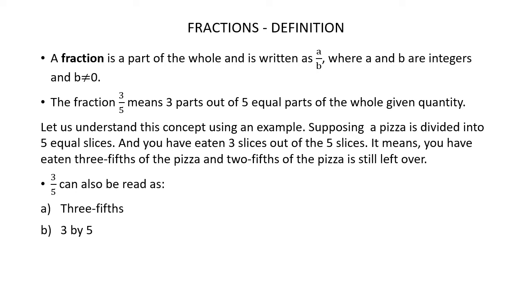Since you have eaten 3 slices out of the 5 slices, it means you have eaten 3/5 of the pizza. And out of the 5 slices, now only 2 slices are remaining. So 2/5 of the pizza is still left over. Hope you have understood this concept. Now 3 upon 5 can also be read as 3/5 or 3 by 5.